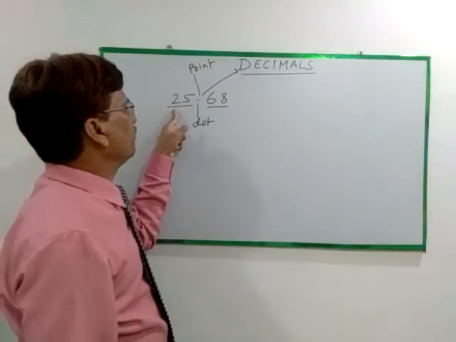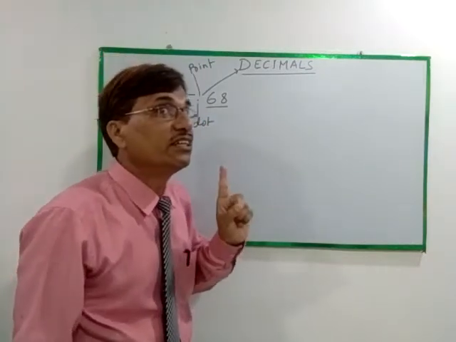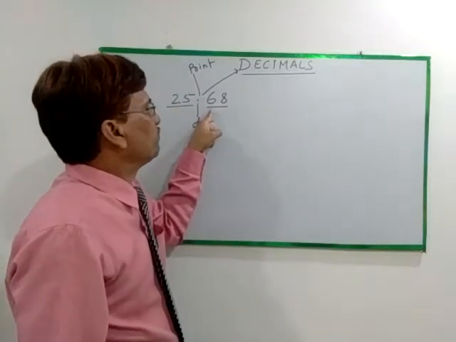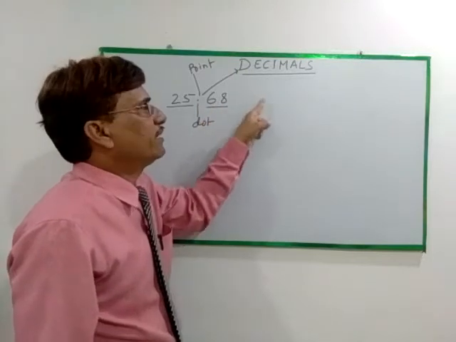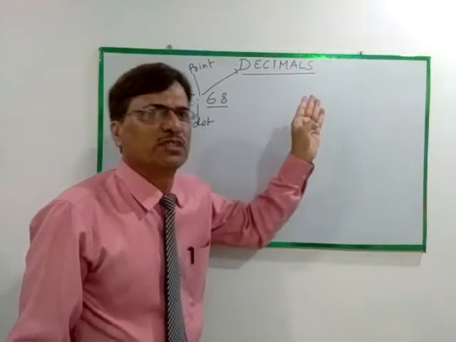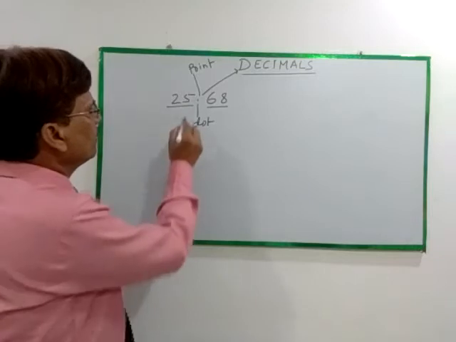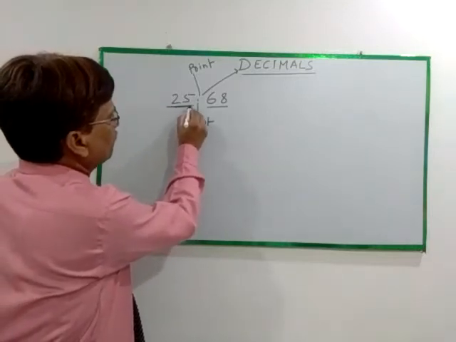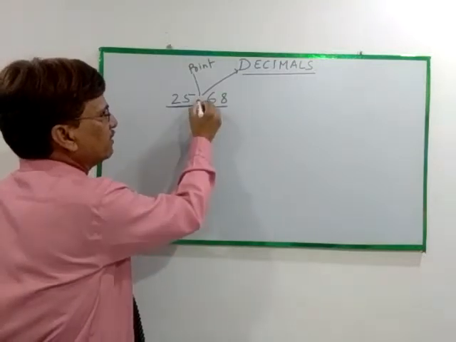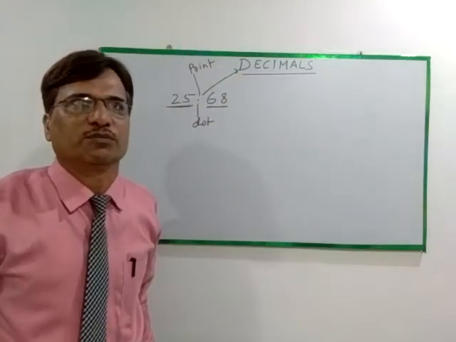We read it as 25 point 6 8, not 68. After the decimal point, you have to read the digits separately, like 0.2346, etc. Okay. Now, 25 is the whole number part, 68 is the decimal part. This is called the dot, point or decimal.